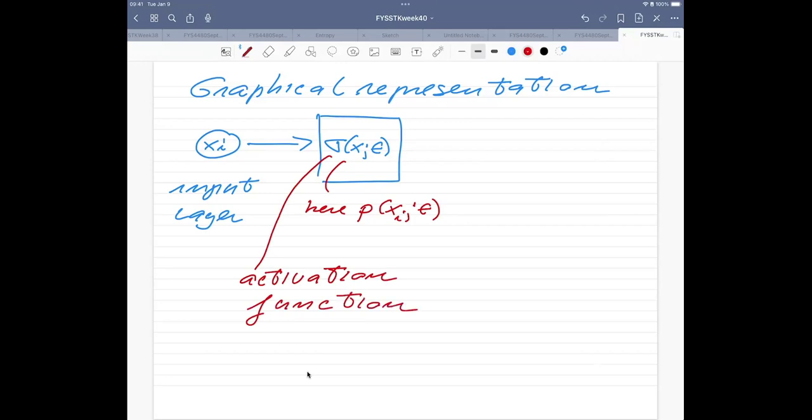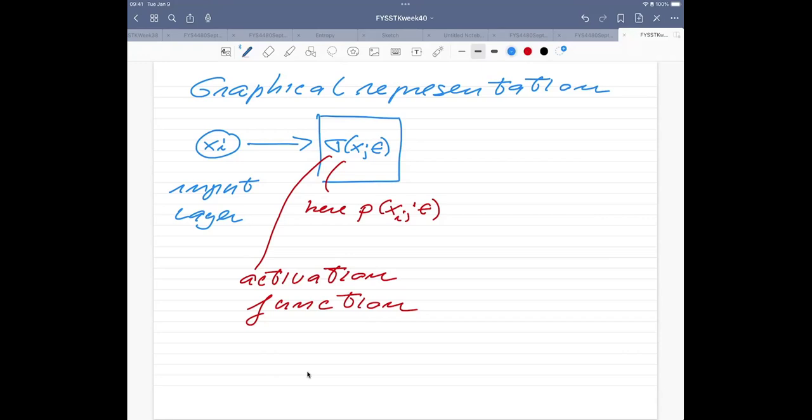What you would also call this is a node, or later we are going to call this neurons or units. This is very much inspired by the way people thought that neurons in our brain would respond to an external signal. A signal comes in, and depending on its strength, you output something.